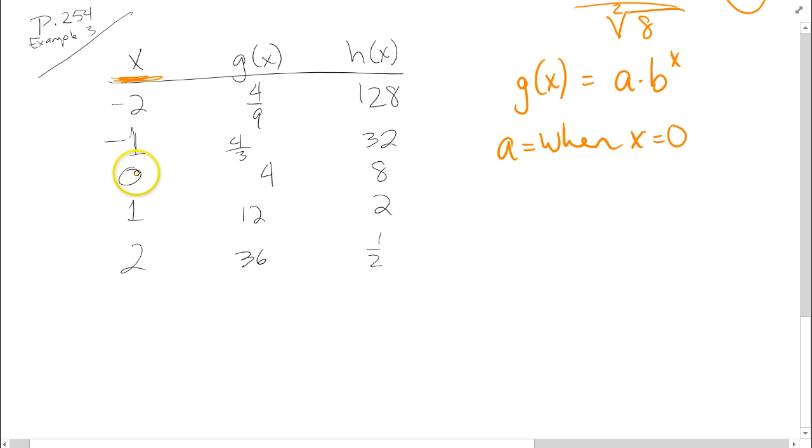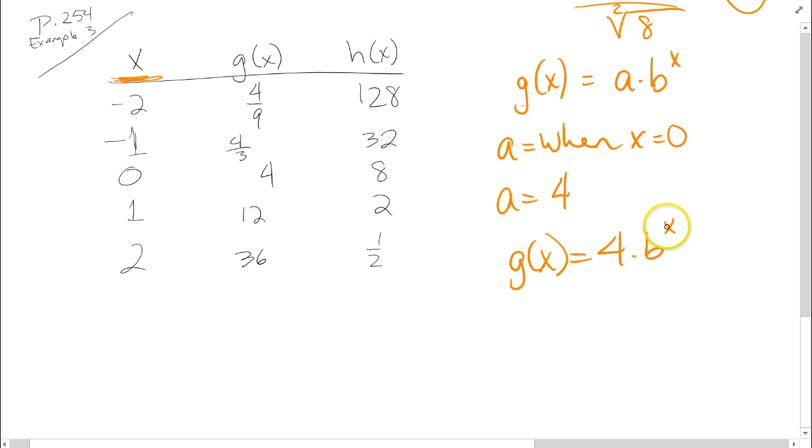And my answer for g of x is 4. So when x was 0, that's b to the 0 power, so all of this turned into just the number 1. And that leaves me with 4 as my answer for g of x. So a is 4. Then, how about the b? Well, if we know this much, g of x equals 4 times b to the x.